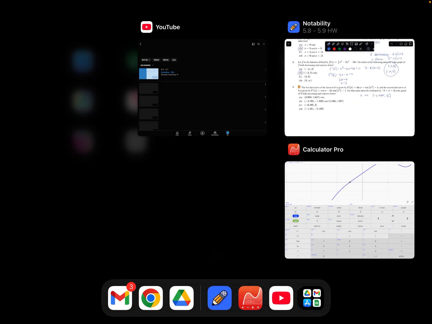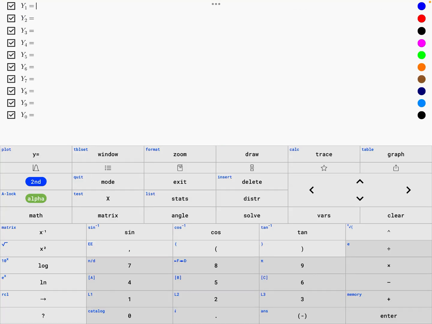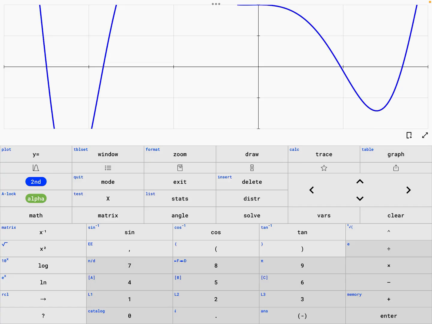So let's graph h double prime. So h double prime is cosine of x, and then we have -2x sine of x squared plus 1. Okay.